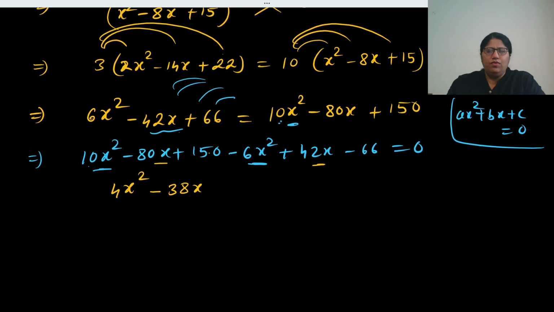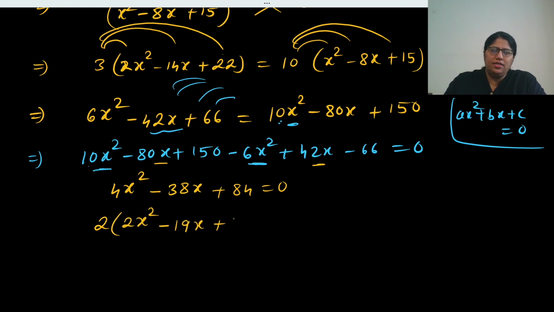Then here again you will do the subtraction. 150 minus 66, you are going to get 84, which will be positive 84 equals 0. Now here if you see, you are not at the simplest form of the equation because your equation has a common factor 2. So let's take 2 common. It is 2x square minus 19x plus 42 equals 0.